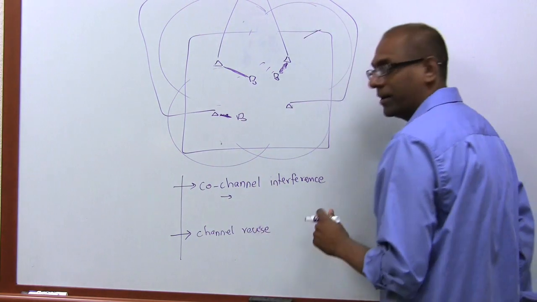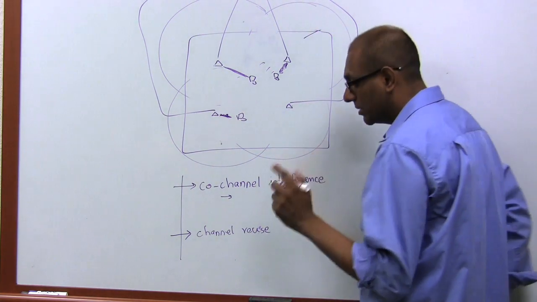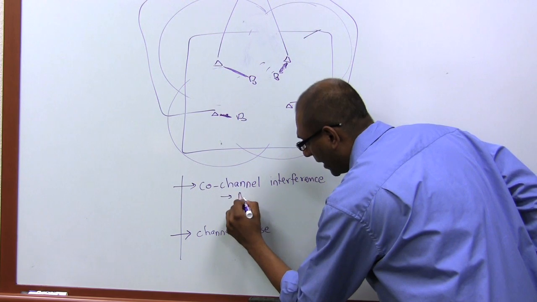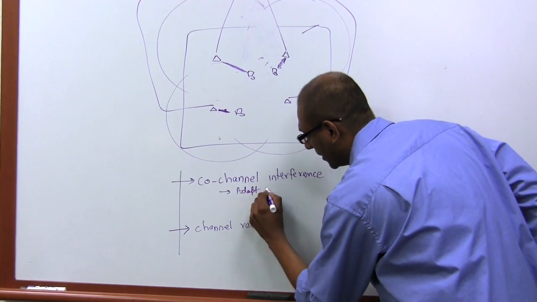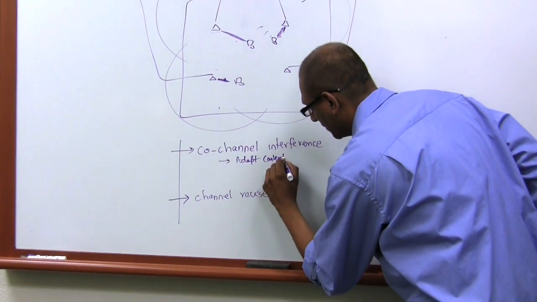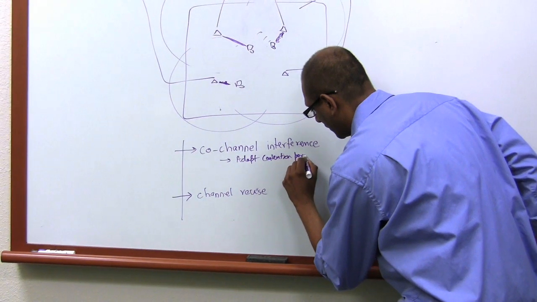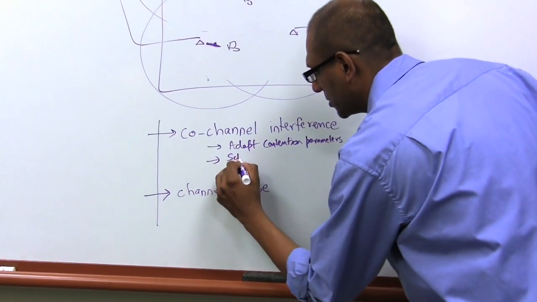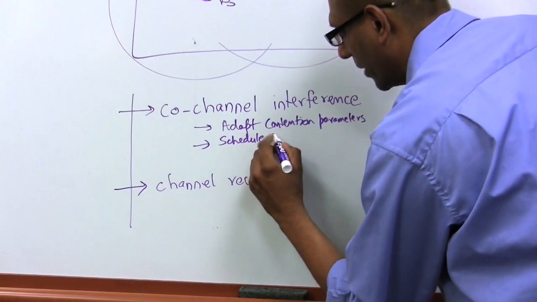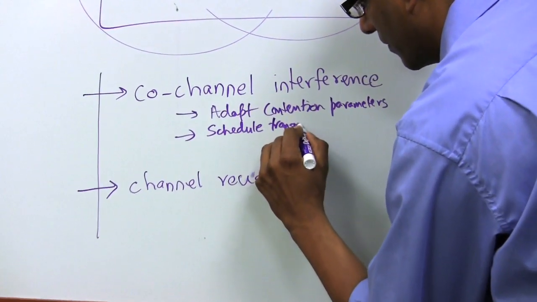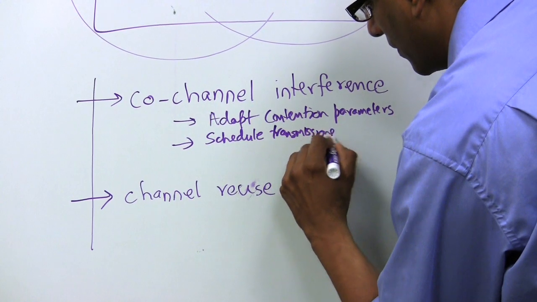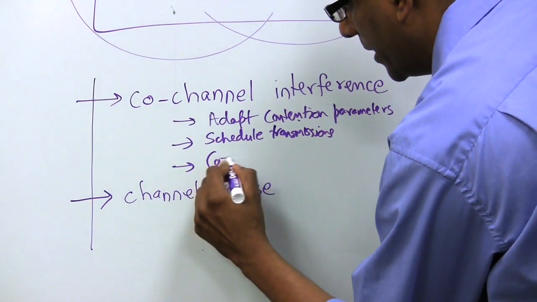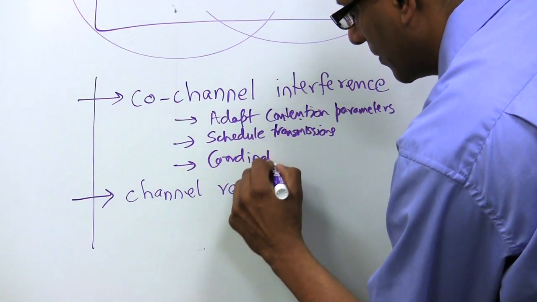In terms of co-channel interference mitigation, there are three aspects. The first one is, how do you adapt channel parameters or contention parameters? The second is, how do you schedule transmissions uplink and downlink? And the third is, how do you coordinate across access points?